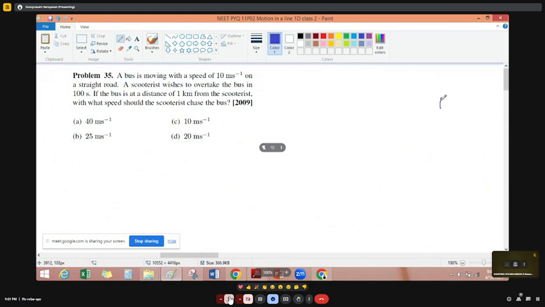So the bus is here, and there is a scooterist here. The bus is going at 10 meters per second. Let's call the scooterist S, and the bus B. He wishes to overtake the bus in 100 seconds. The bus is at a distance of 1 kilometer.